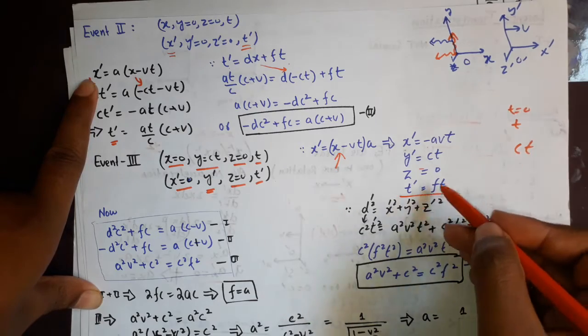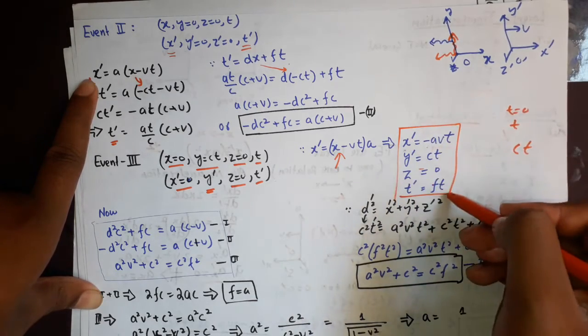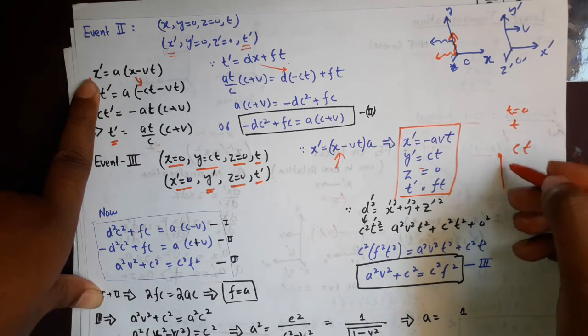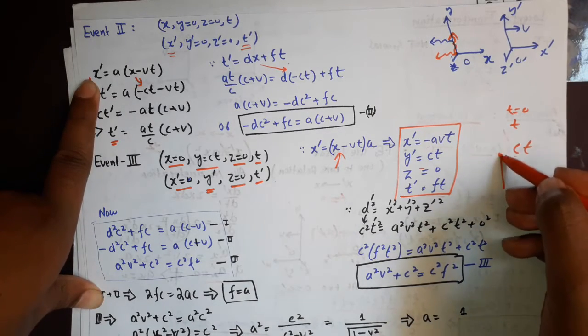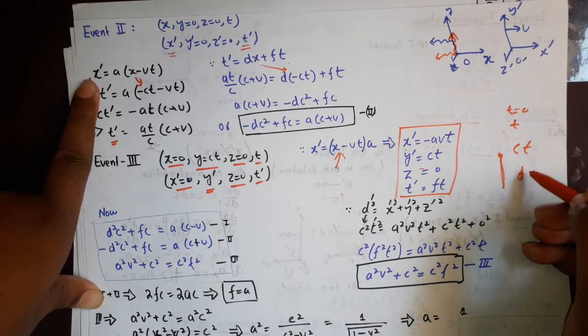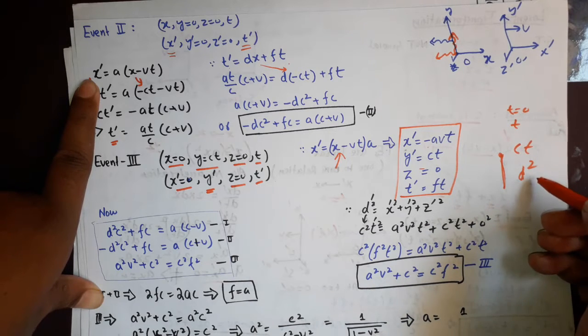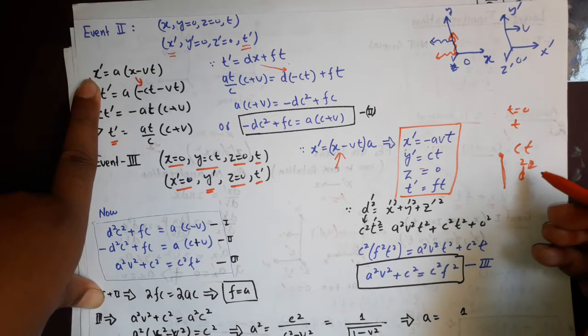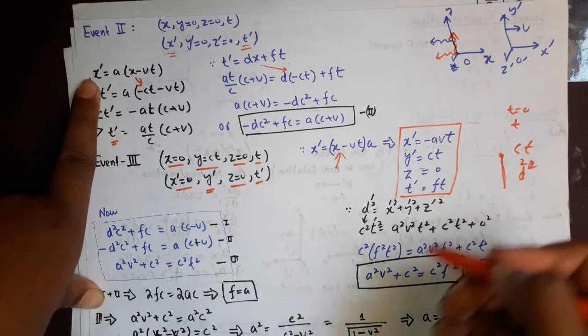So for this third event I have obtained these relations, and now let's say this is our y direction. How much is this distance? This distance will be d, so if I take its square, d squared, I am constructing a quantity which is the square of the distance.